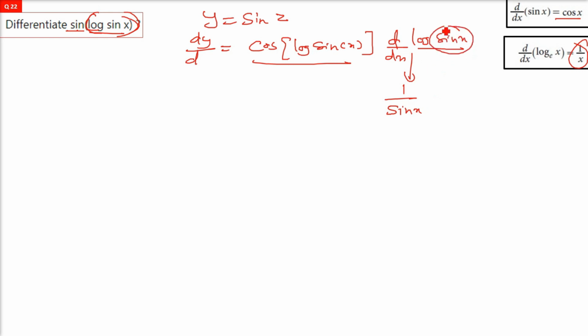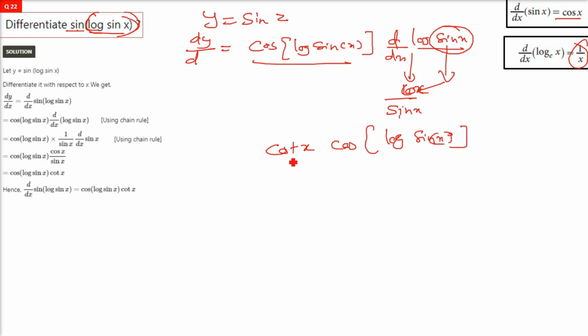Because you are following the chain rule, the differentiation of sin x is going to be cos x. And cos x by sin x you can write as cot x. So the final result will be cot x cos log sin x.